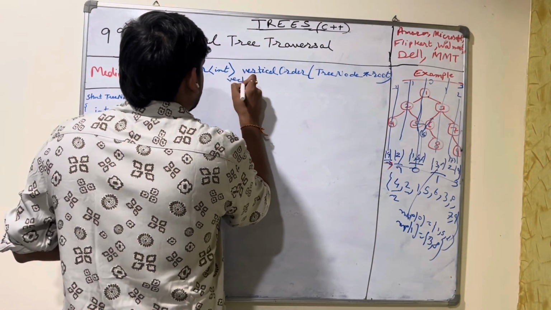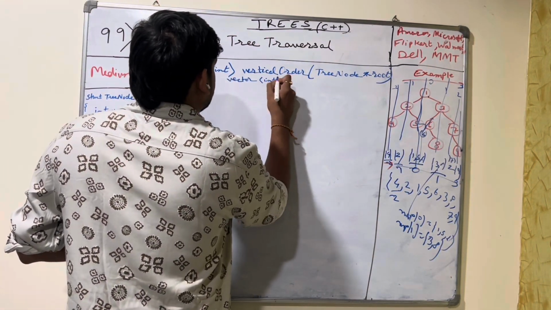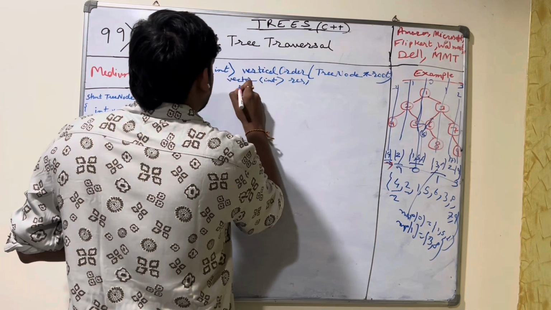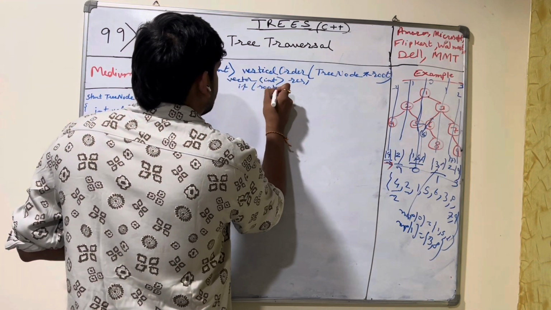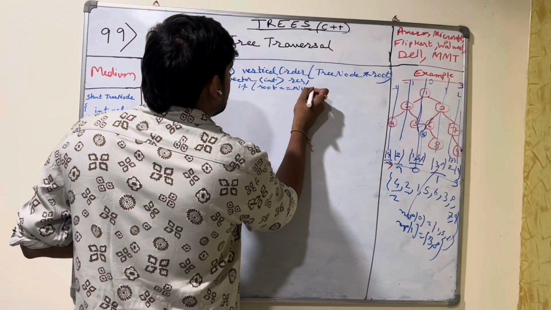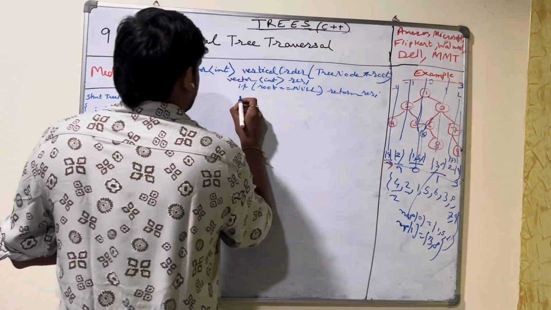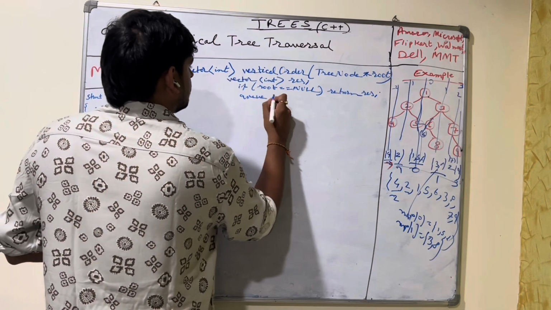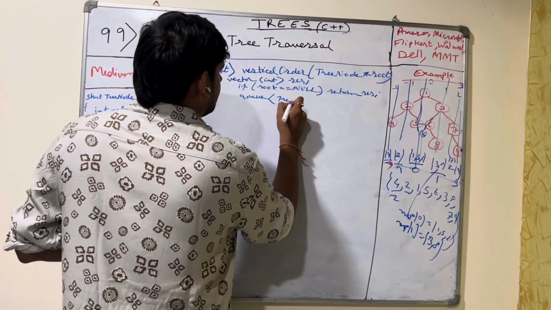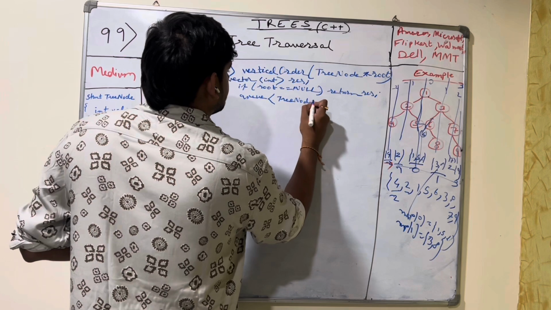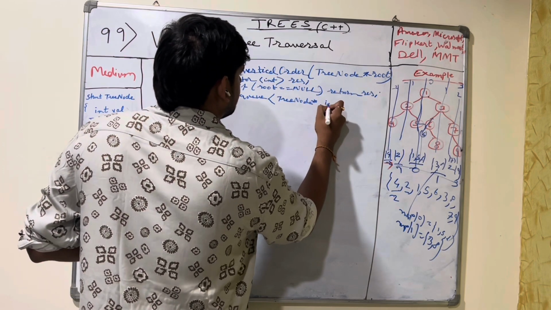So we'll have a vector of int, say result. If we see that root is equal to null, we will return an empty vector. Okay, we take a queue of pair of TreeNode struct and the index value.